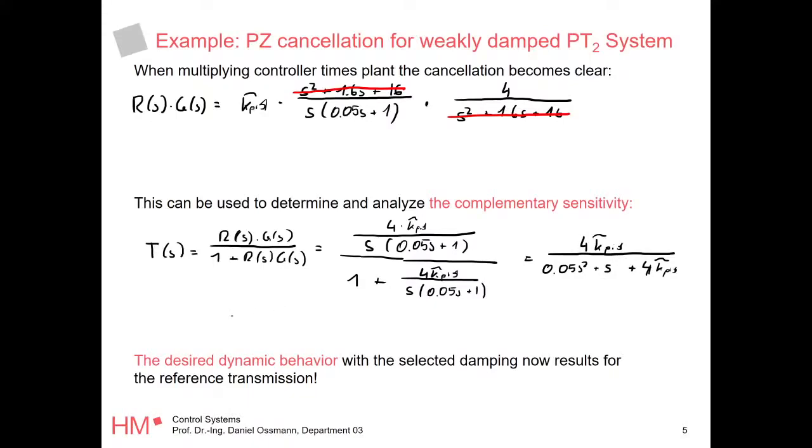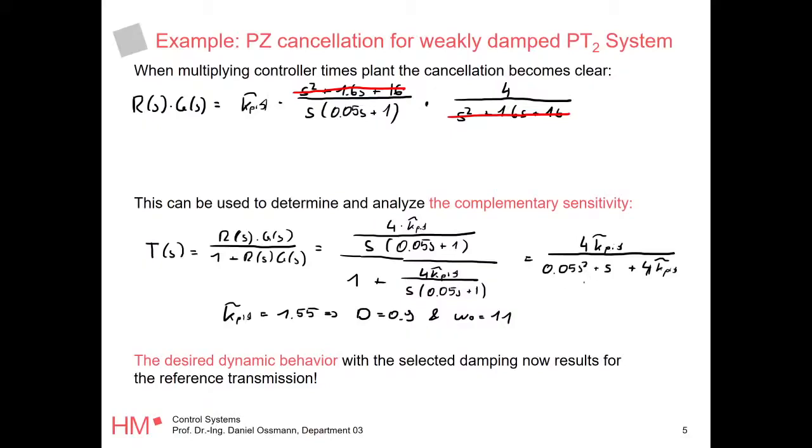I did the computation basically in MATLAB. If you put in K PID equal 1.55, you end up with a damping of 0.9 and an eigenfrequency of 11. Again, same thing as before. You can do it on paper, you can use MATLAB. As practice, you can do it on paper.